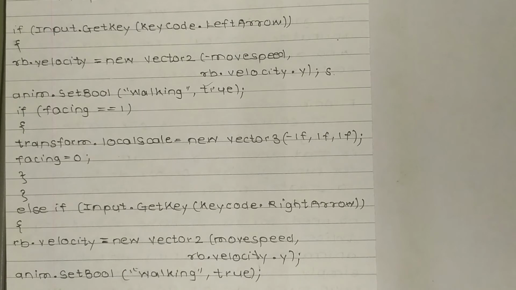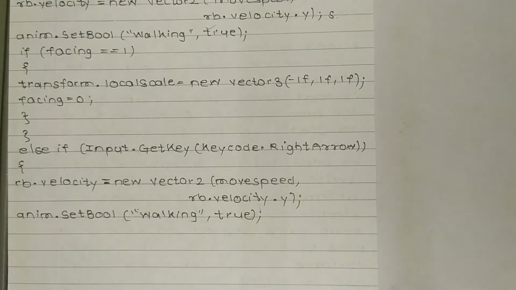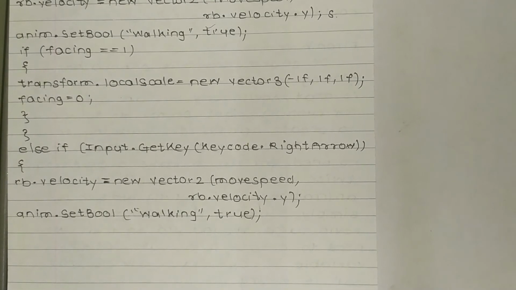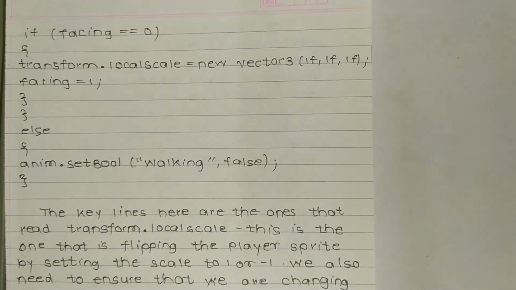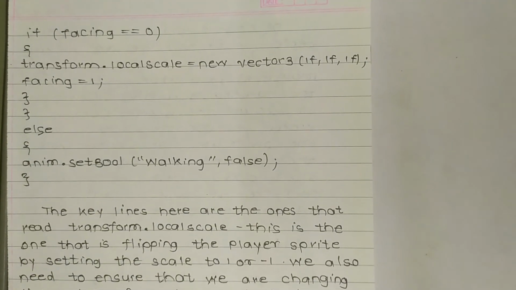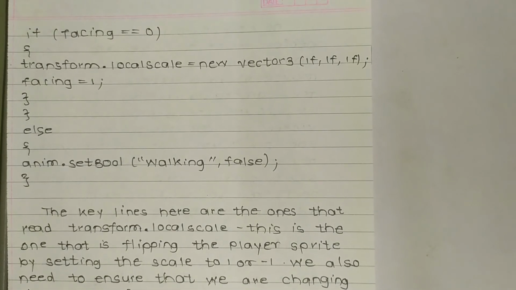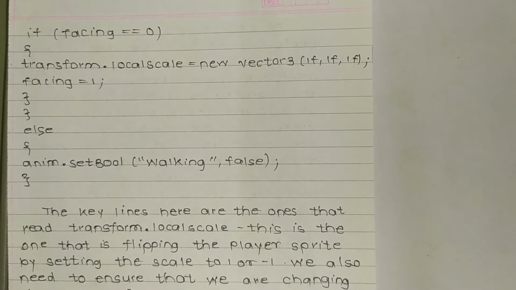Else if Input.GetKey(KeyCode.RightArrow), rb.velocity is equal to new Vector2(moveSpeed, rb.velocity.y); anim.SetBool("walking", true); if facing is equal to 0, transform.localScale is equal to new Vector3(1f, 1f, 1f) and facing is equal to 1. Else anim.SetBool("walking", false).